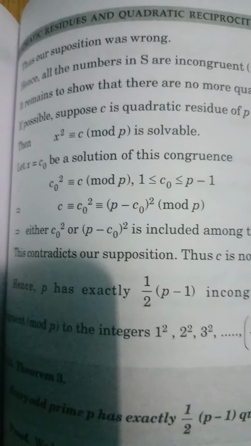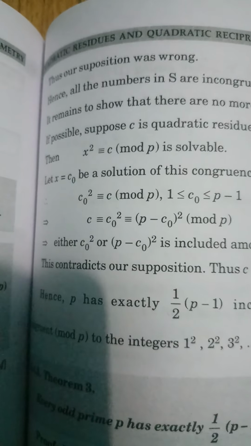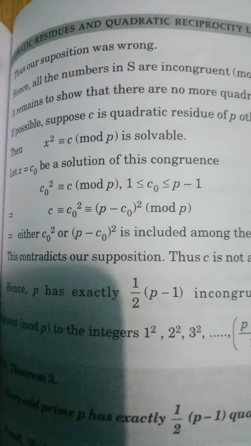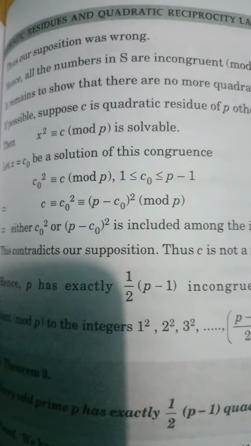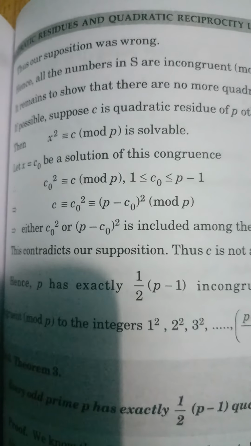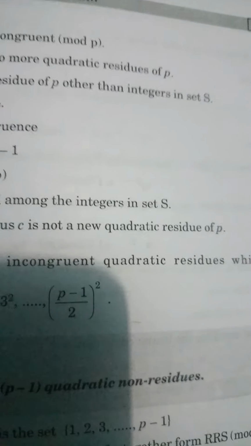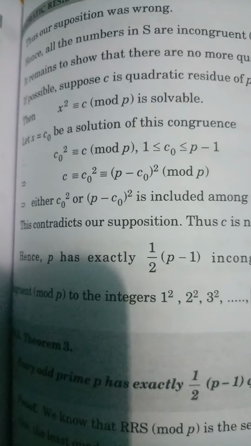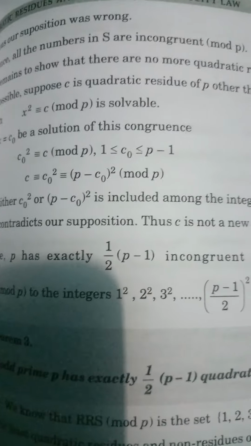The other solution will be p minus C naught. One solution is C naught, the other is p minus C naught, whose square is also congruent to C mod p. This implies either C naught square or p minus C naught square is included among the integers in set S. This contradicts our supposition.